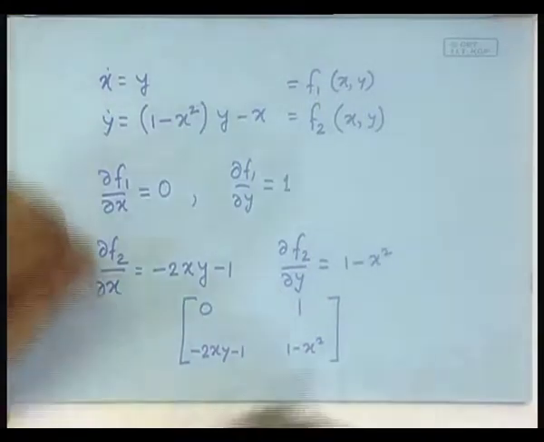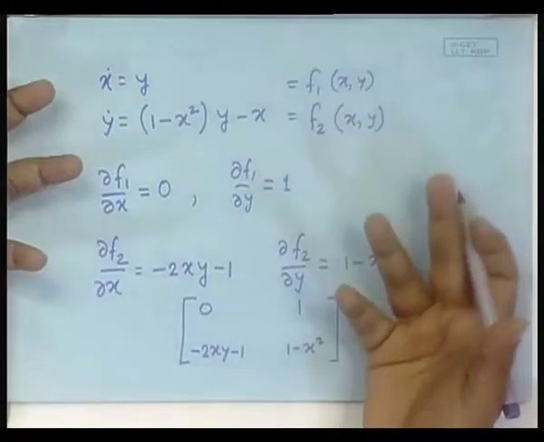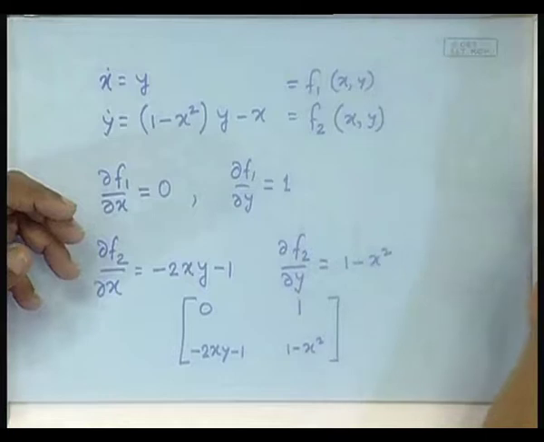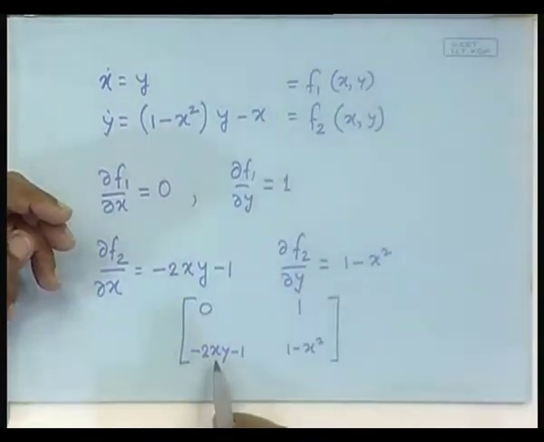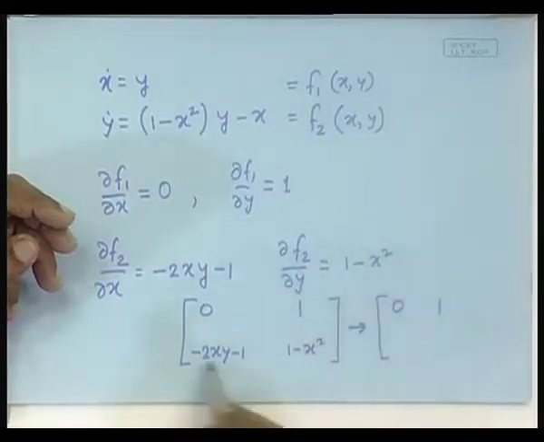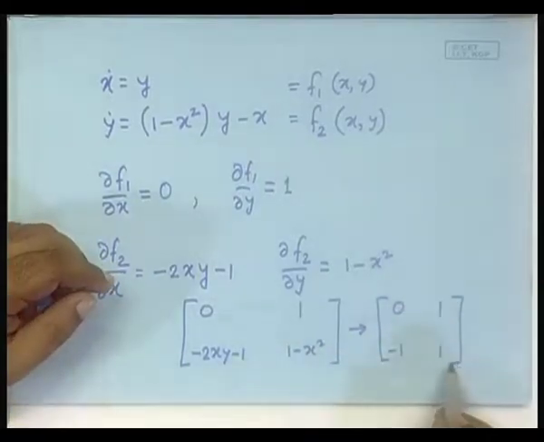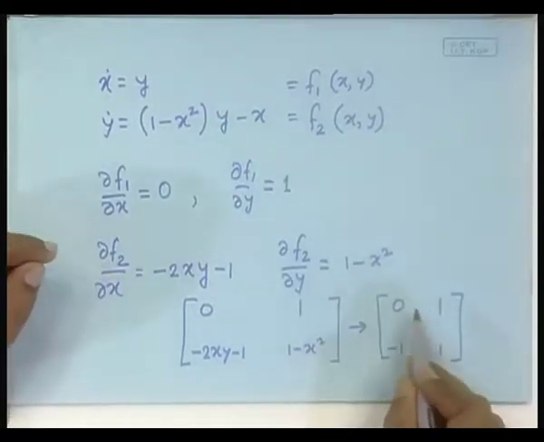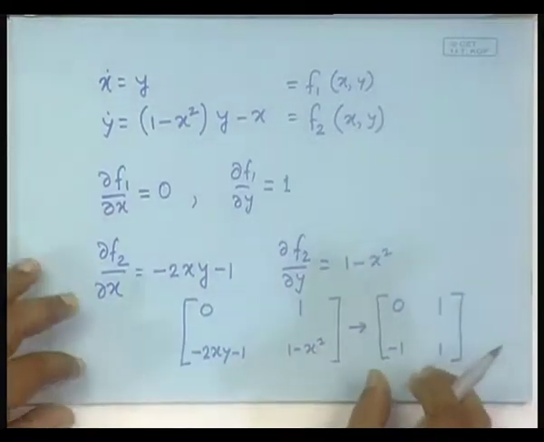But then this will make sense only when evaluated at the equilibrium point, and the equilibrium point we have already understood it is (0, 0). So, if you put the (0, 0) value here, you get [0, 1; minus 1, 1]. So, that is the local linear representation of the system. No, you have to understand correctly.